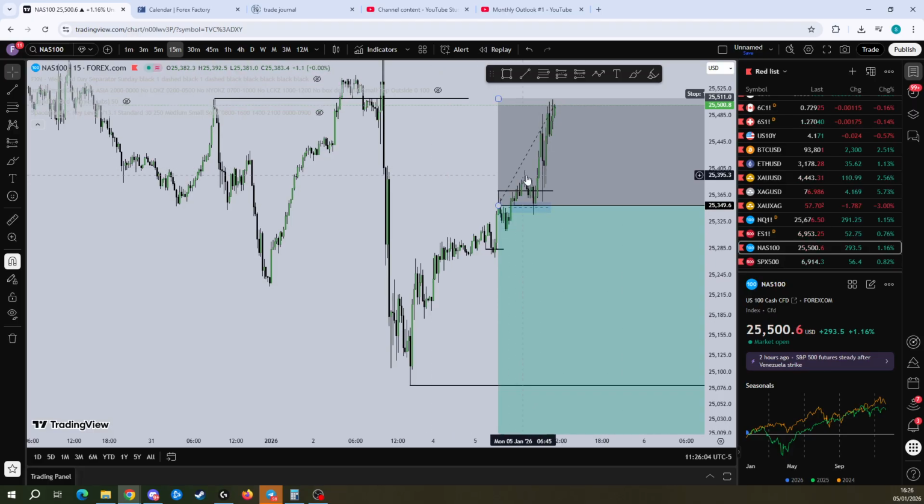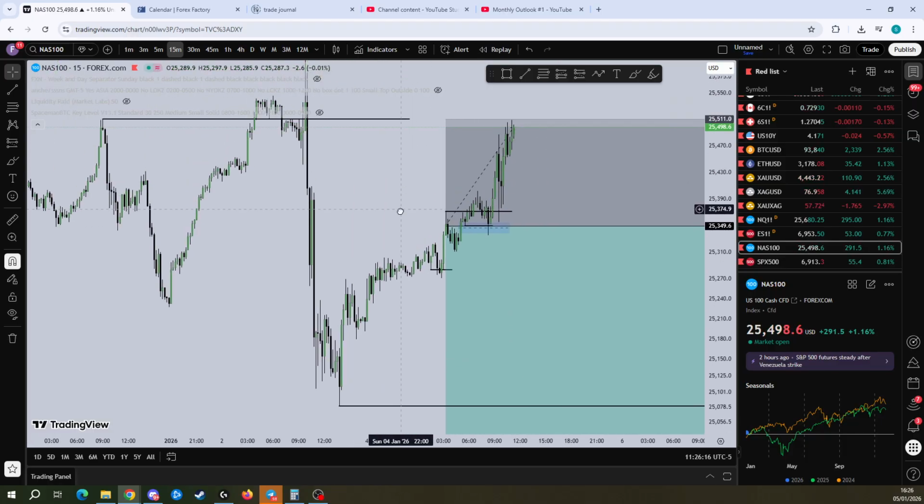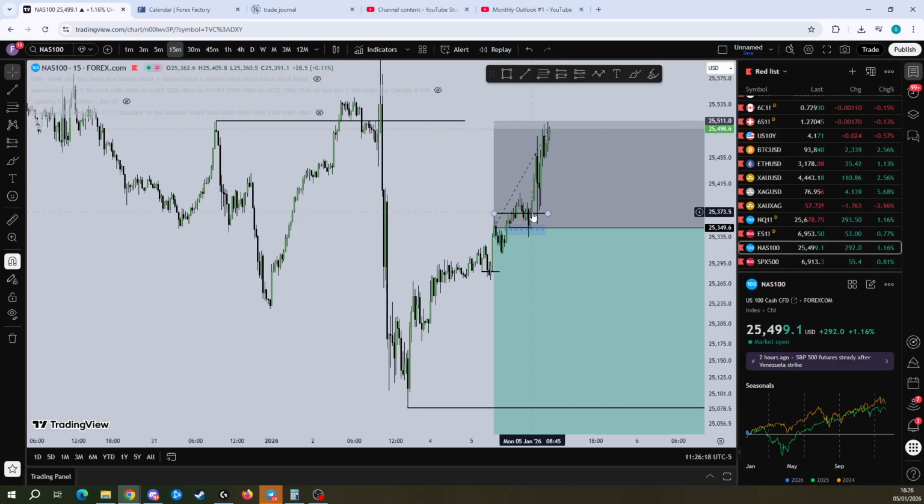I was thinking price could also just 9:30 sweep this pre New York high, or this New York high. We can get that sweep and then sell off here. But yeah, this already was not a good sign once we close above here, because I knew price would come back for this high one more time.